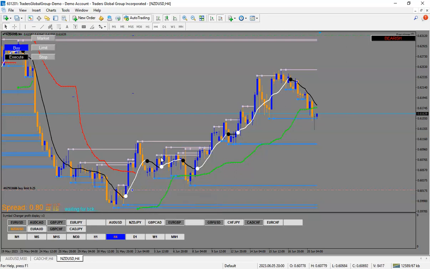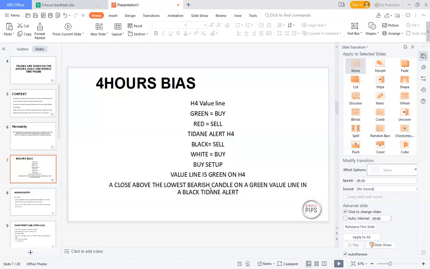So once there's a close above, what we do next is: a close above the lowest bearish candle on a green value line in a black TDIN alert.